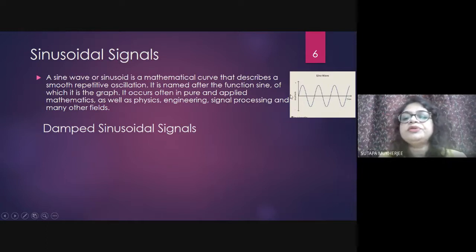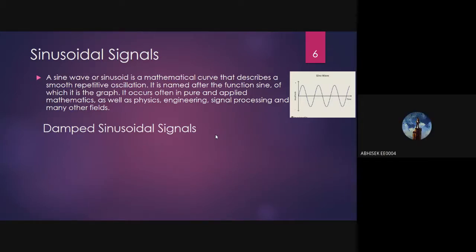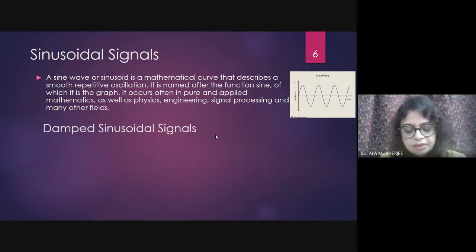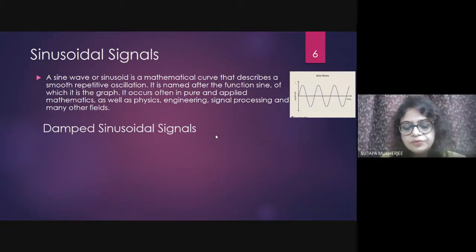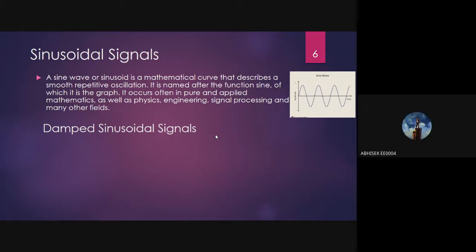What is the difference between the sine wave and the cos wave, with respect to the equation? There is a phase difference of pi by 2. Can you tell me the equation in case of the sine wave? Ma'am, y equals A sin omega t. In case of cos omega t, as it differs by a phase of pi by 2, we change omega t to omega t plus pi by 2.